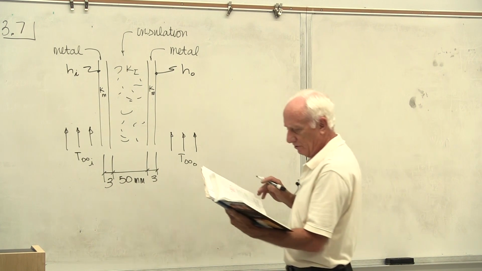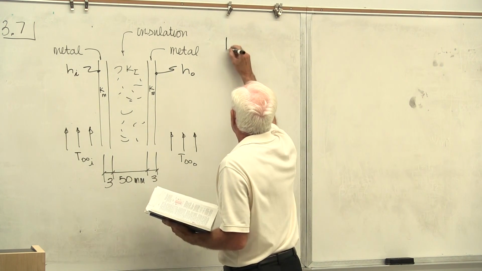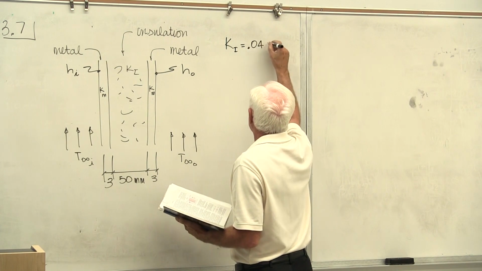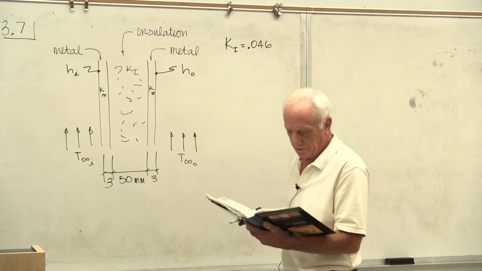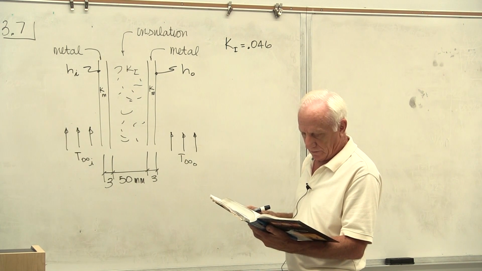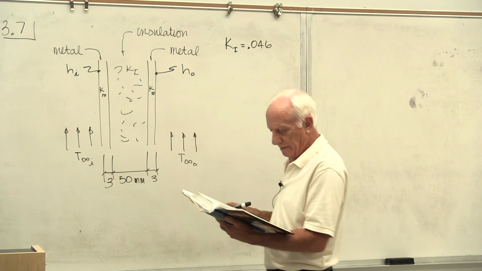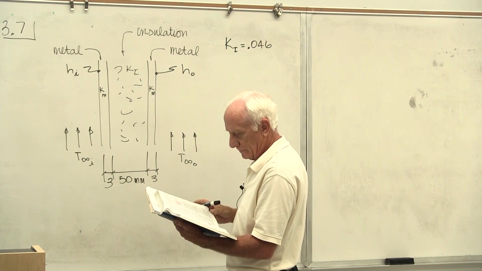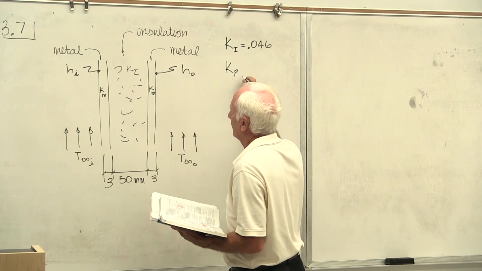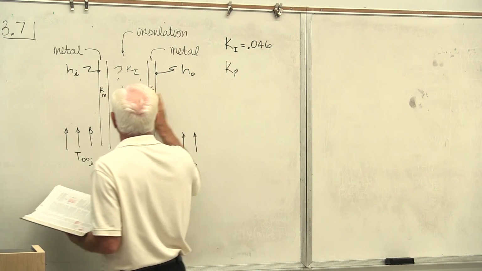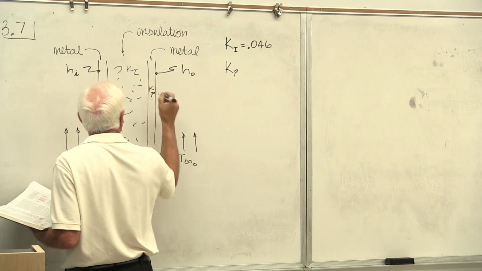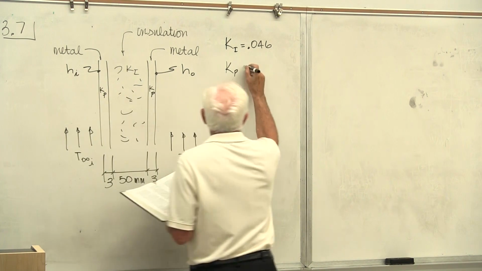K insulation, 0.046, is fiberglass. K insulation 0.046, SI units, watts per meter degree C. K of the steel panels, 60. Let's call that KP for panel, 60.